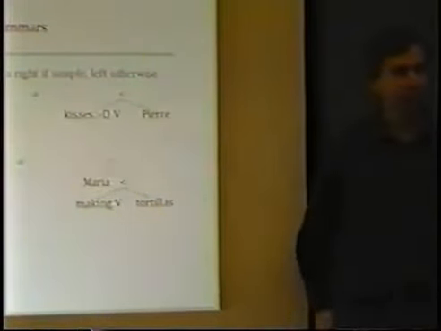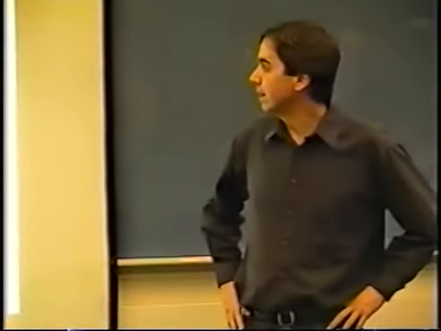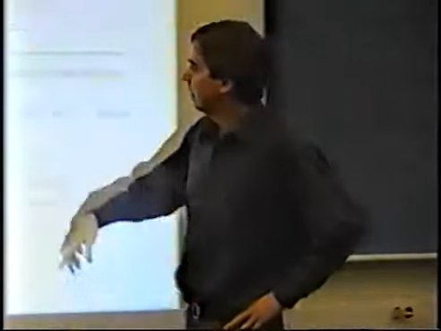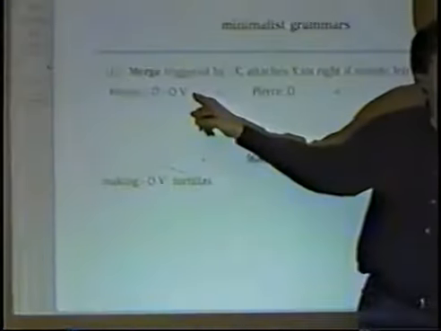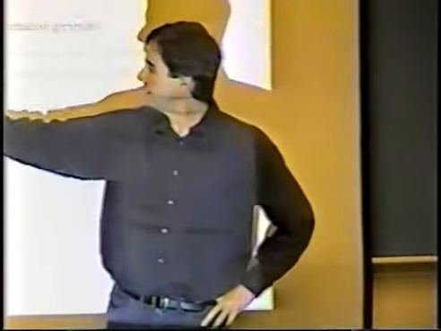I'm not sure now about, before kisses got the D, now making gets the D. Is this correct? Or am I reading it wrong? So this is a lexical item. I thought that the red D is all that kisses gets. No. So this is kisses. It wants two Ds.